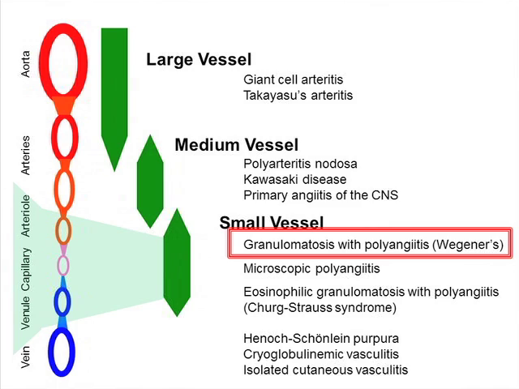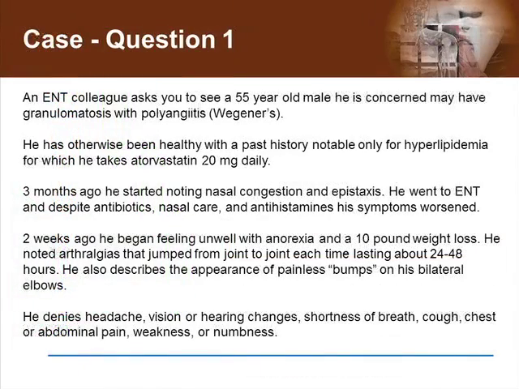Today's case will focus on the entity of granulomatosis with polyangiitis Wegener's, but as we can see, this is not the only small vessel vasculitic disease that can occur. So with that, let's turn to our case.